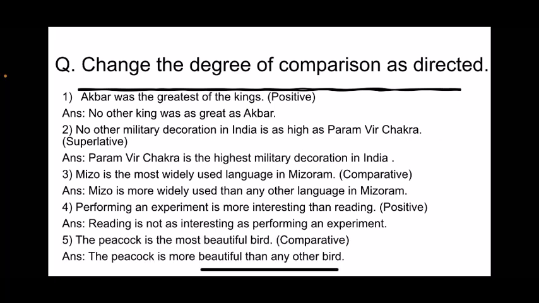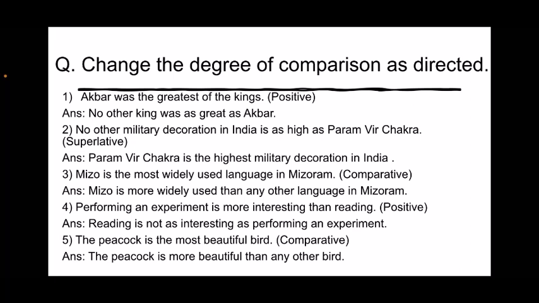The peacock is the most beautiful bird. This we have to write in comparative. So the adjective beautiful, to show superlative degree, they have given most. To make it into comparative, we will replace most with more and we will add than any other. So first we identified the adjective, which is beautiful.